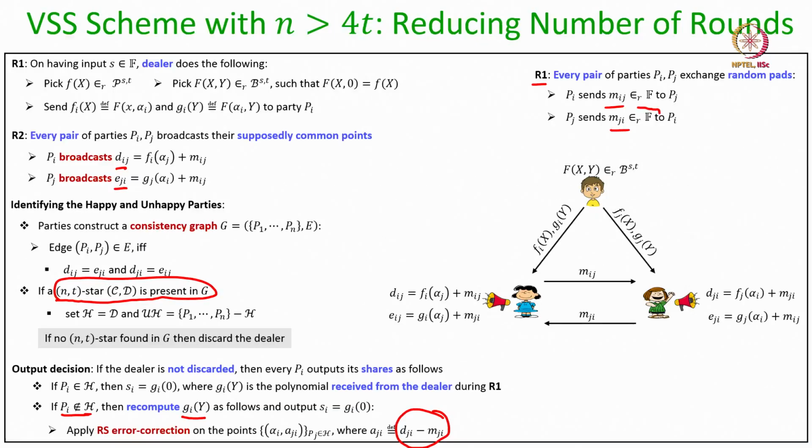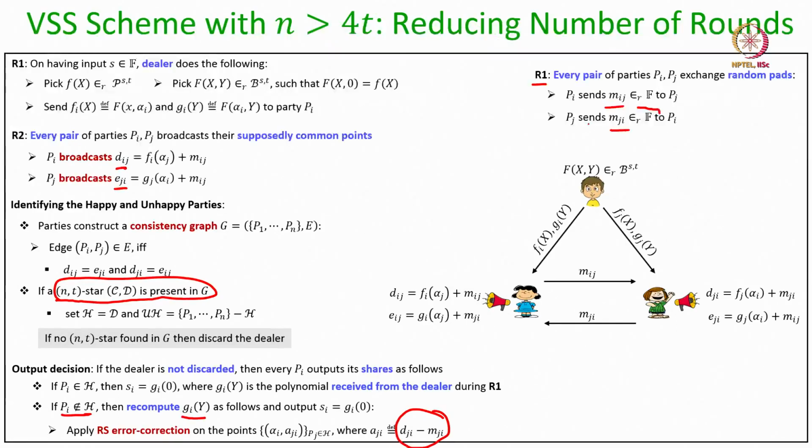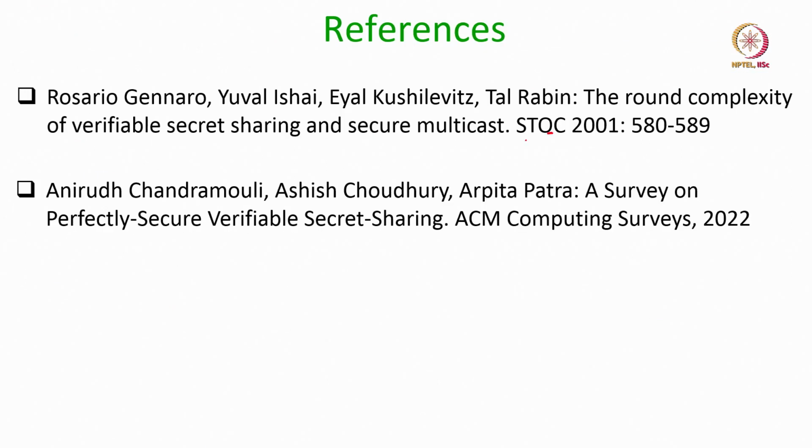Okay. And the rest of the steps and analysis remain the same. So, this is the final 2 round polynomial time VSS scheme with n greater than 4t, which is taken from this paper, and again for other perfectly secure VSS schemes you are referred to this survey paper. Thank you.